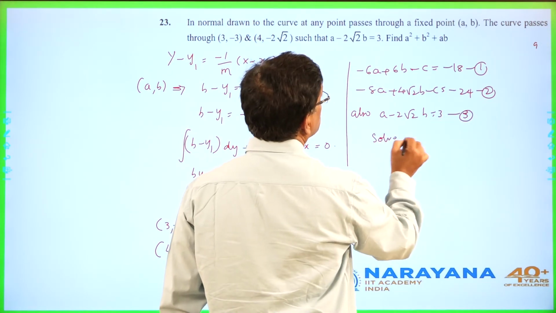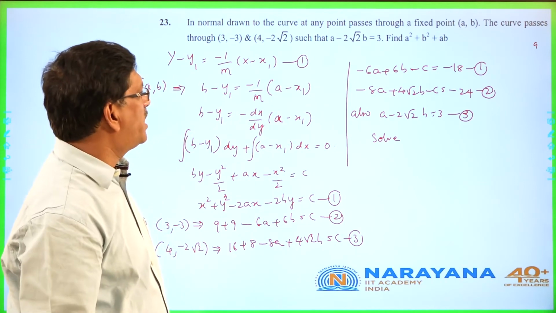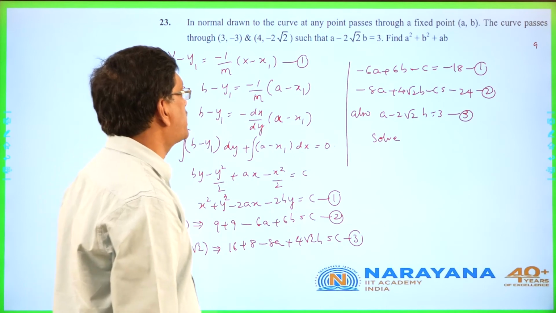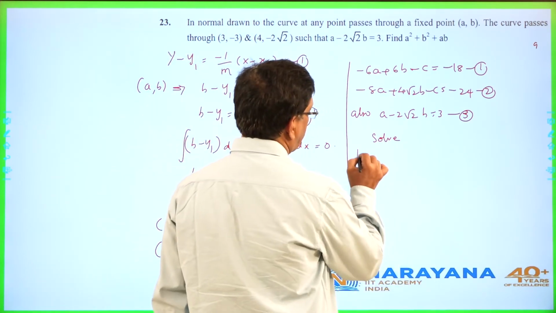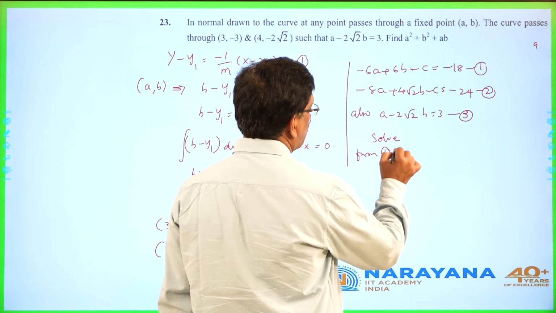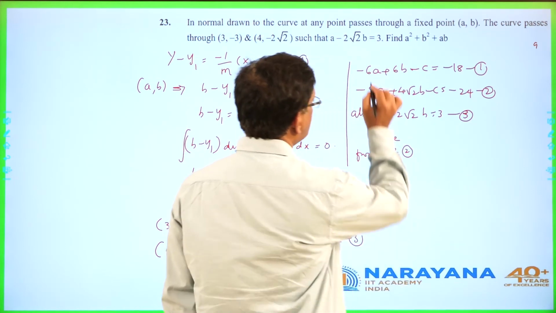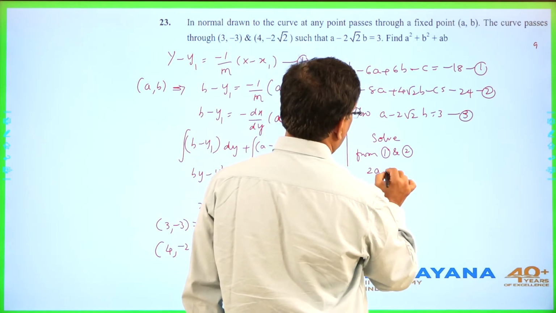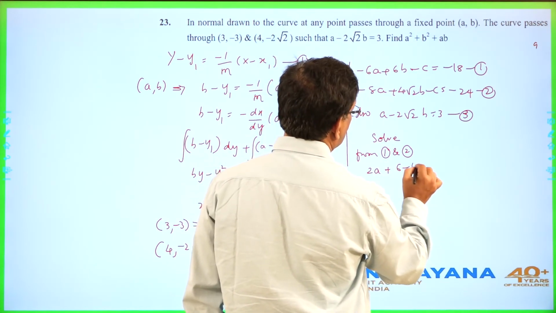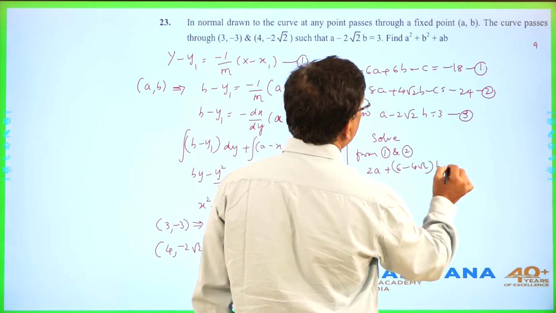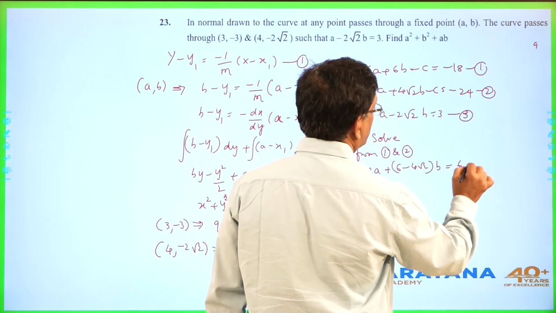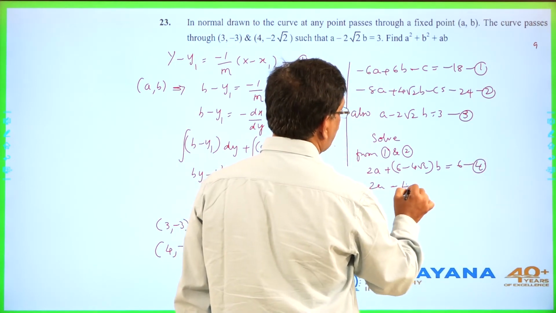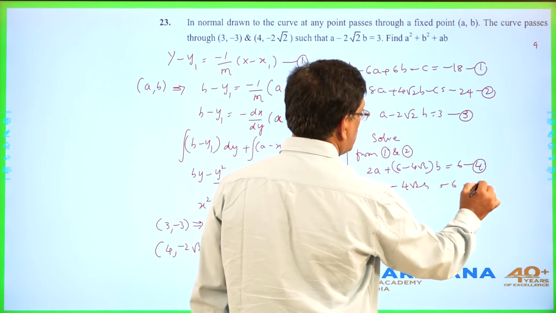Solve the 3 equations, you will get it easily. First of all, eliminate c from 1 and 2 directly by subtracting. If you subtract, minus 6a plus 8a, 2a here, plus 6 minus 4 root 2 of b is equal to 6. This is the fourth equation: 2a minus 4 root 2 b equal to 6.